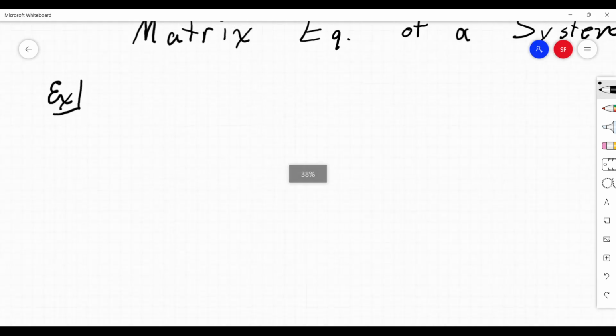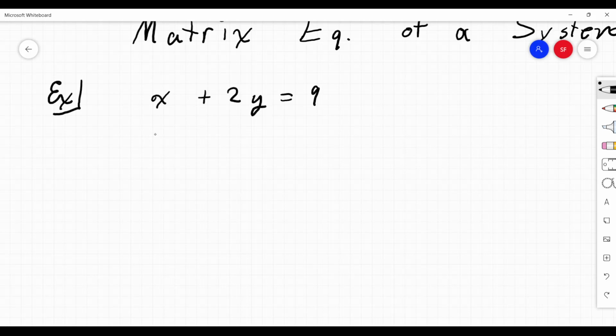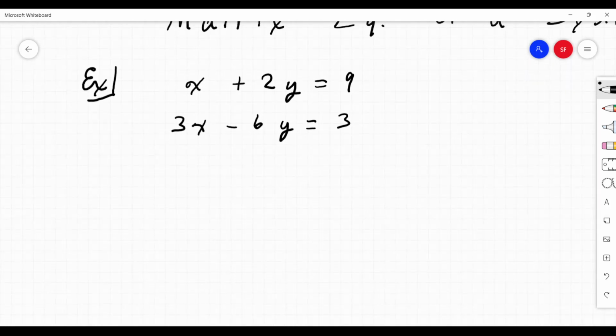If I have x plus 2y equals 9, 3x minus 6y equals 3, the matrix equation of this would be this.